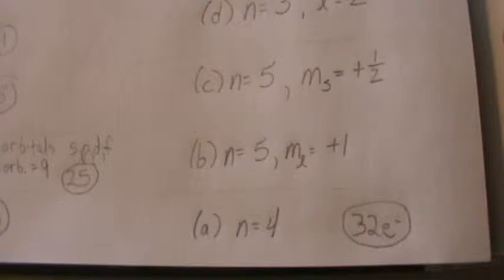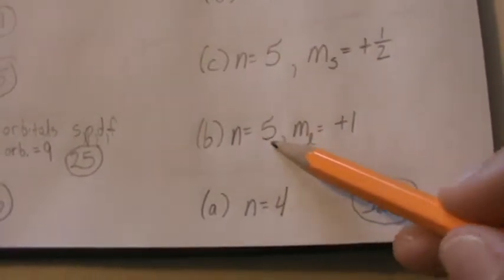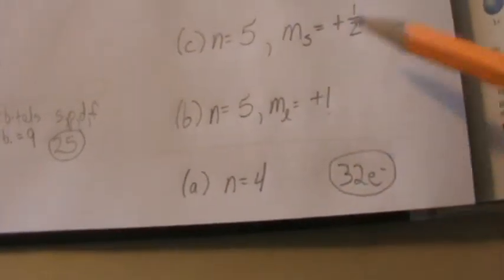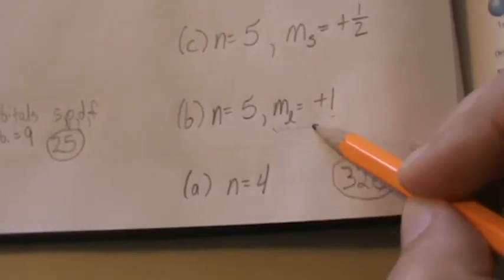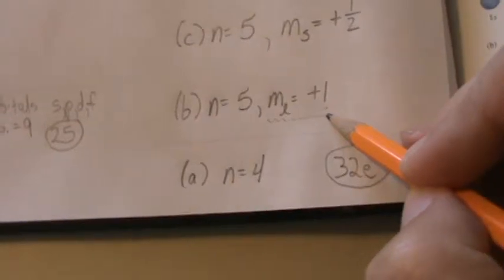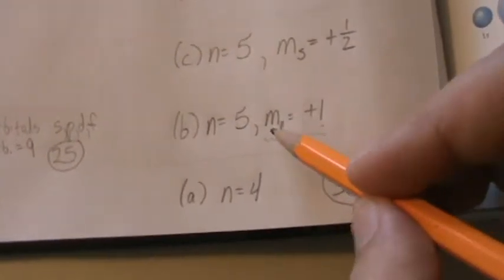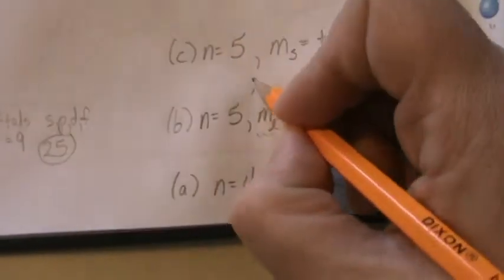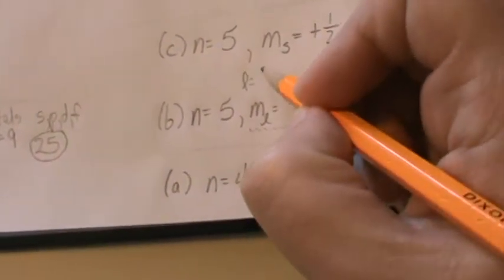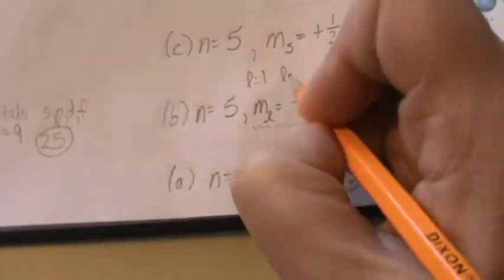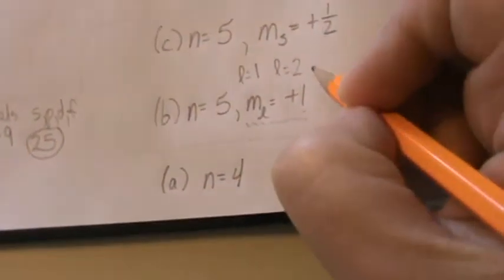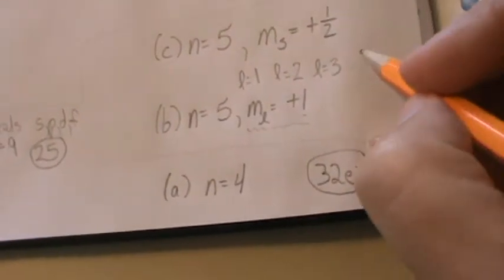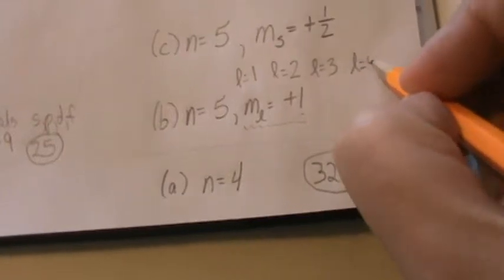Okay? Alright, now in n is equal to 5, m sub L equal to plus 1. Okay? So this describes 1 orbital here. But the trick is that there's a plus 1 orbital when L is equal to 1 and when L is equal to 2, and when L is equal to 3, and when L is equal to 4.